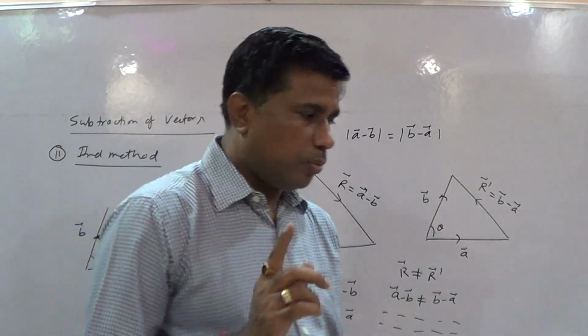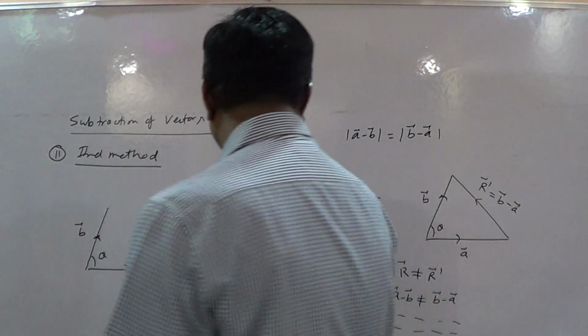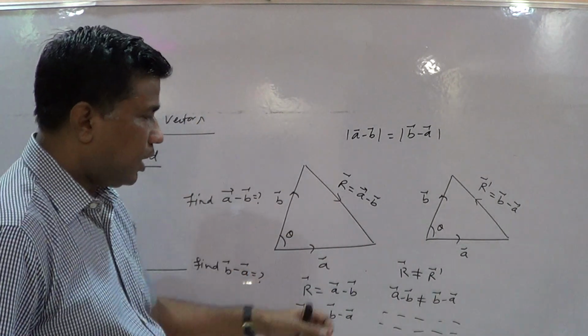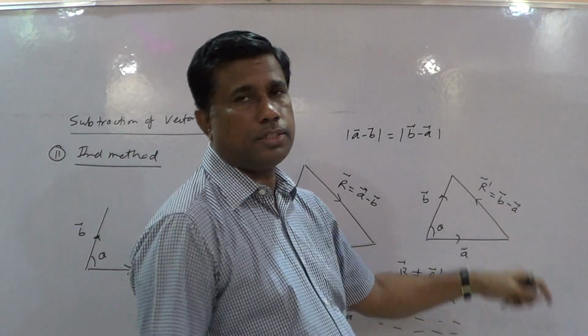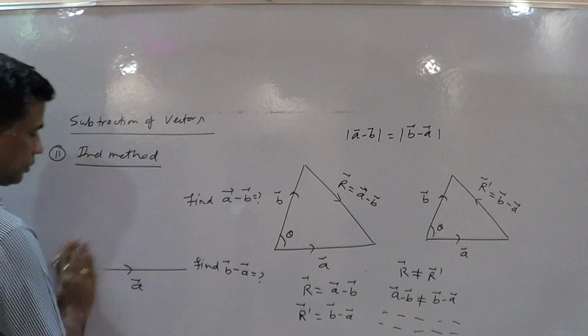Student, now one problem may arise in your mind, that how can I say this is vector a minus b, and how can I say this is vector b minus a? See, I can prove it.